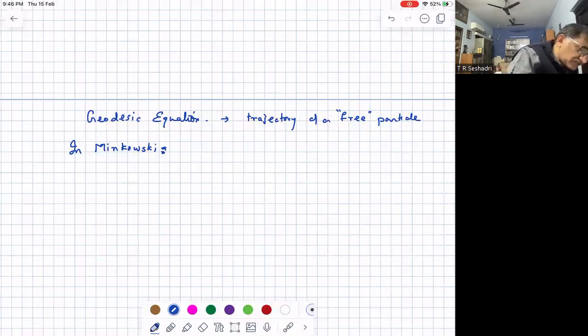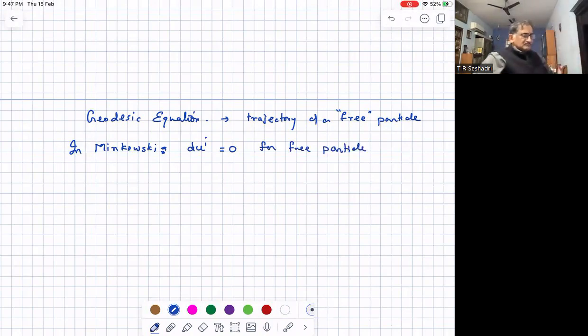Okay. In Minkowski, du^i is 0 for a free particle. That is, the velocity does not change. Fine. It means that (∂u^i/∂x^j) dx^j equals 0.